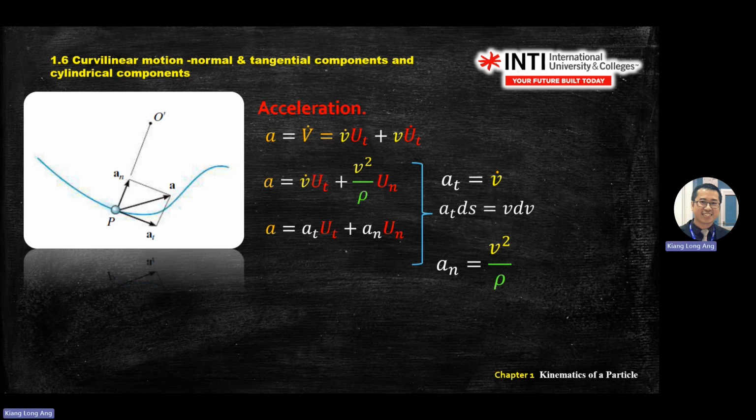This is a trigonometry problem. So to find A, A equal square root of B square plus C square. You square this one, square this one, square root, you get the magnitude of this one. It's a right-angled triangle problem.